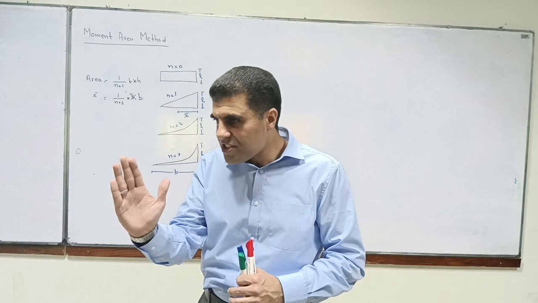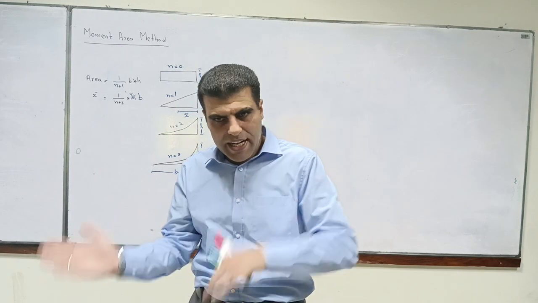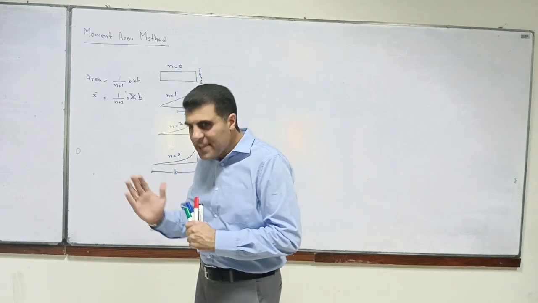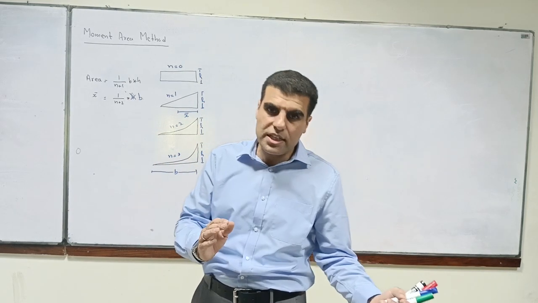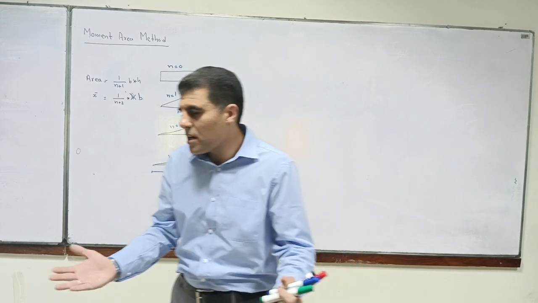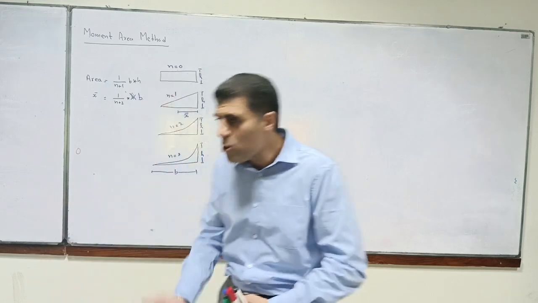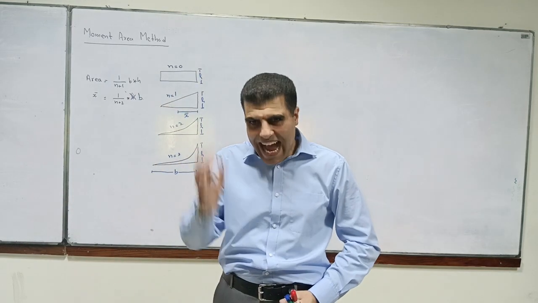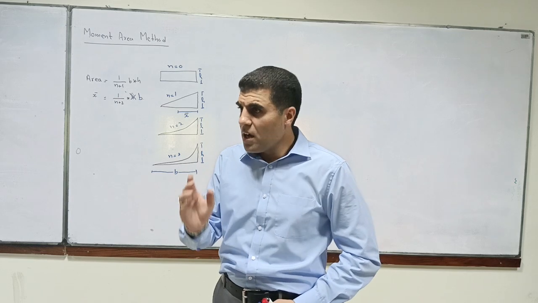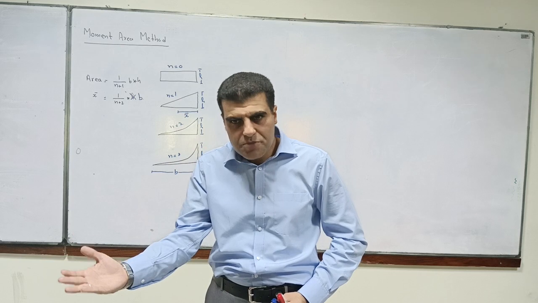So that's a fixed point. In other words, you can have a free point and a fixed point. In a cantilever, you have a fixed end and a free end. So in the case of any sort of determinate structure given to you, you take one strategic point and find the bending moments caused by all the applied loads corresponding to that point.